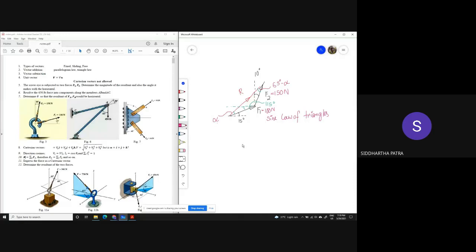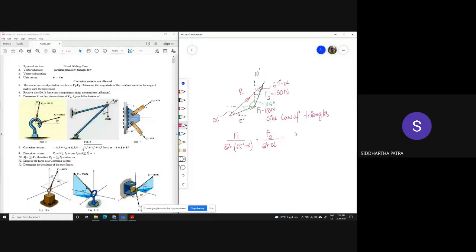So what is the angle opposite to F1? Sir, 10 degrees. No, the angle opposite to F1: alpha, 65 degrees minus alpha. 65 degrees minus alpha. So it is F1 divided by sine of 65 degrees minus alpha, and that must be equal to F2. Now the angle opposite to F2 is alpha, so sine of alpha.